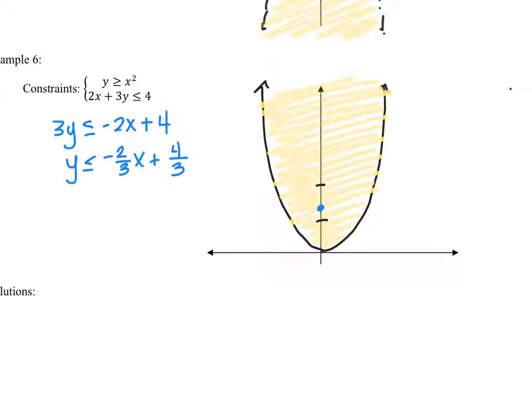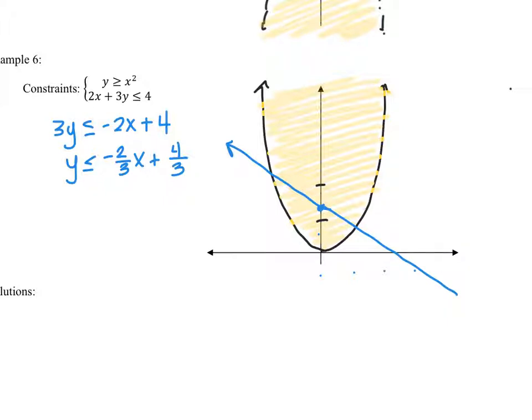Then down 2 and over 3 for our slope. So I mark it off, and then I can estimate that. And for that, I will be shading beneath.